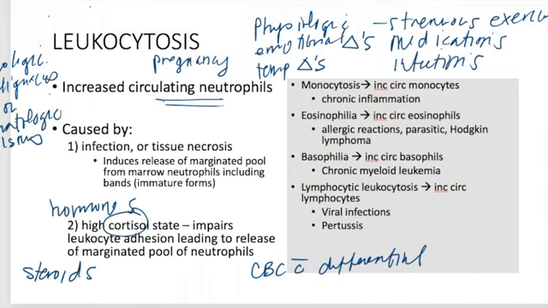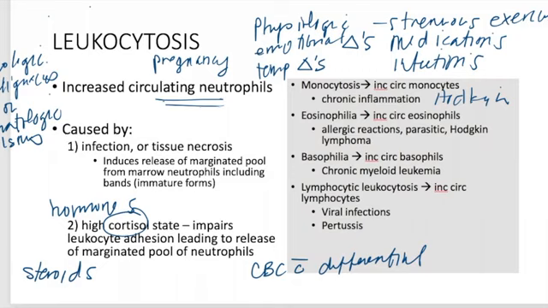So when we're looking at monocytosis: infection, hematologic, physiologic causes, bacterial endocarditis, tuberculosis, myeloproliferative disorders. If we're looking at eosinophilia: allergy, infection, malignancy. Basophilia would be infections such as measles or chickenpox, and myeloproliferative disorders like polycythemia vera or chronic myeloid leukemia.